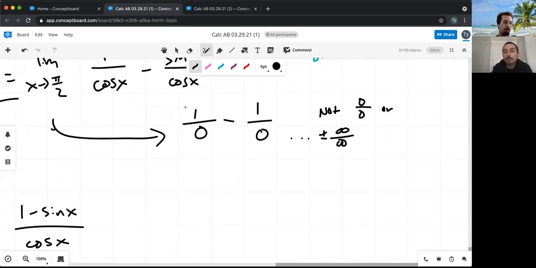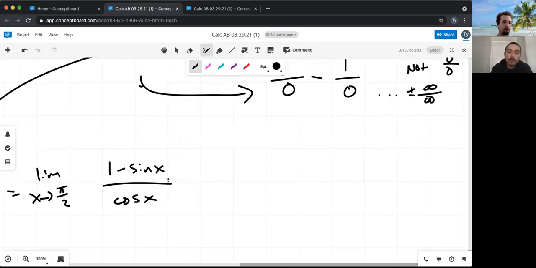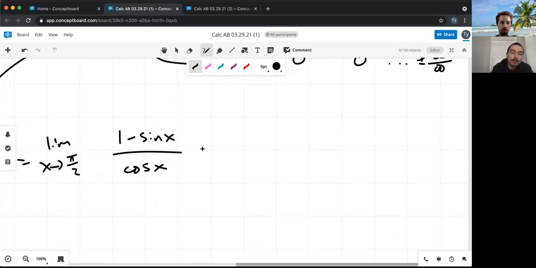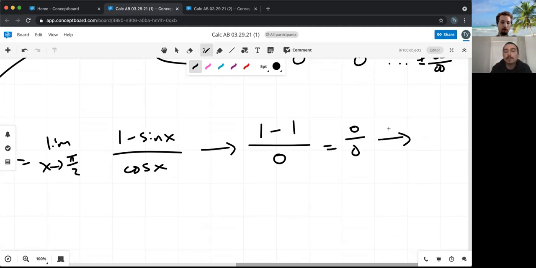They're not a complicated fraction minus a complicated fraction. They're both a single fraction. So in general, you probably want to try that. Okay, if we try direct evaluation again, we get 1 minus sine of pi over 2, which is 1, divided by cosine of pi over 2, which is 0. That's 0 over 0. Hey, let's use L'Hopital's.